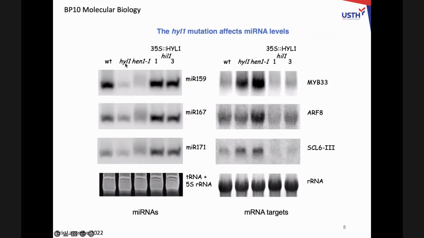So you see they are produced in the wild type, but not in the mutant. And the consequence of the absence of this microRNA is that the target now is not degraded anymore. You see? Do you understand this now?